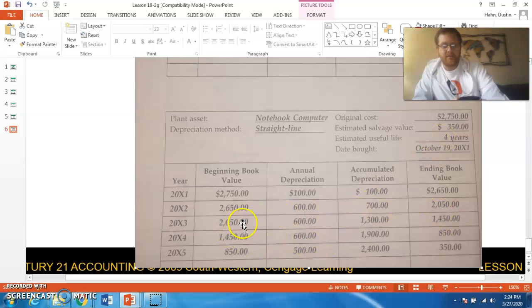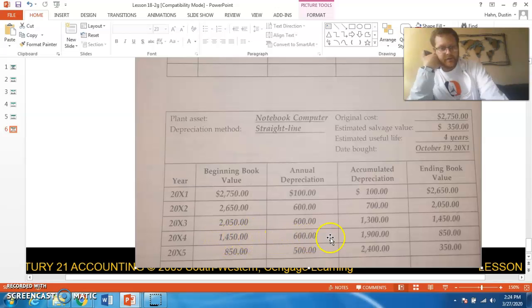Okay, so that 2050, bring that down. The annual depreciation is 600. 700 plus 600 equals your 1300. That 2050 minus your 600 equals your 1450. Okay, now we still have a little under 2 years to go.